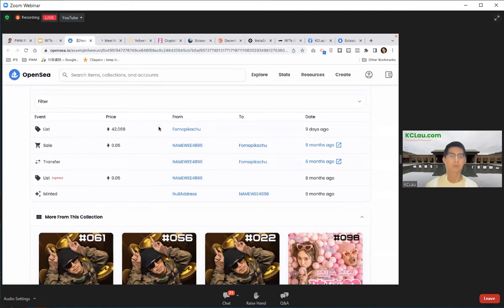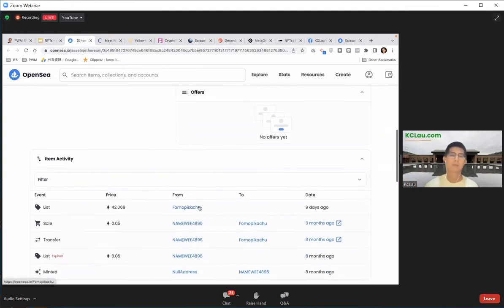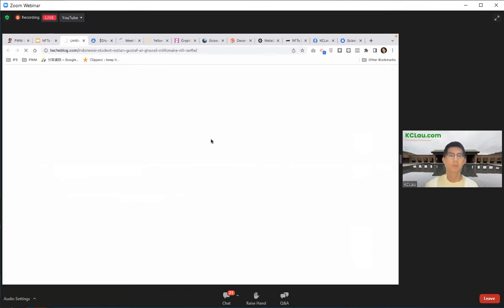So former Pikachu tried to list it at a very high price to see whether people would buy it or not. So of course, he has made the money, right? Whenever there's another transaction, he is going to get paid again. So this is how artists actually make money from it. And how about entrepreneurs?